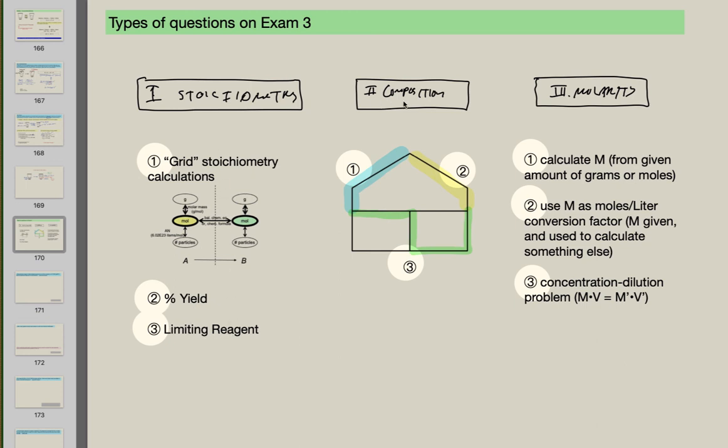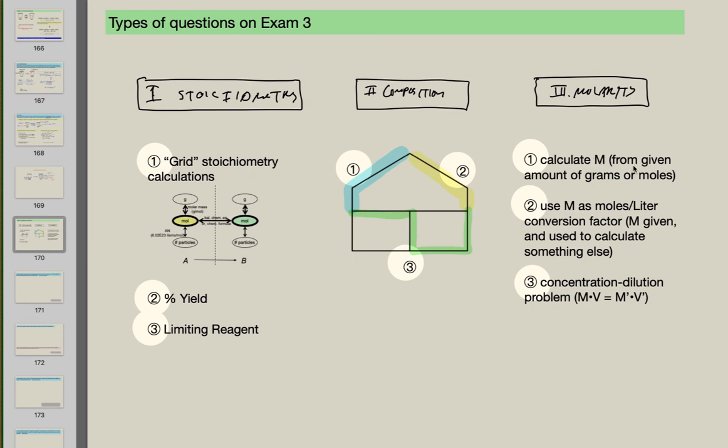How about chemical composition? We call this a type 1, where we went from molecular formula to weight percent. The second type was where we went from weight percent to empirical formula. And the third type was where we went from empirical formula to molecular formula. And finally, molarity, we've discussed the 3 types of molarity problems.